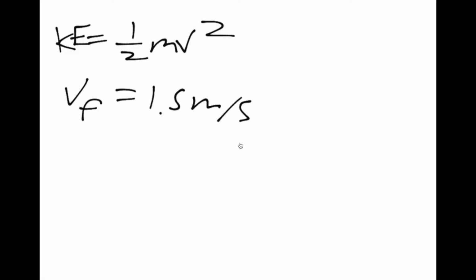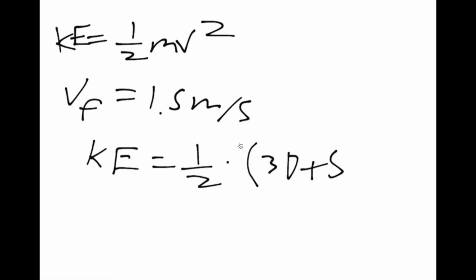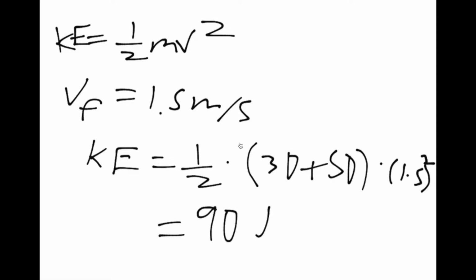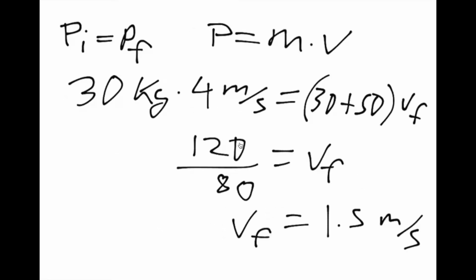So we just plug these values into the equation. So KE equals 1/2 times the mass, in this case 30 plus 50, times 1.5 squared, and that should give you 90 joules. So that's the second part of the question done.